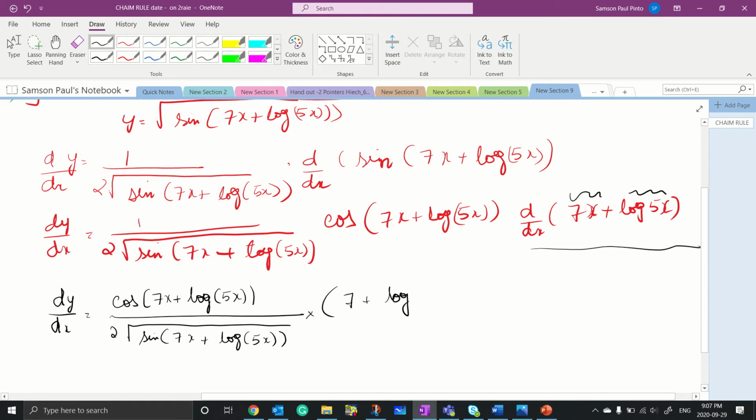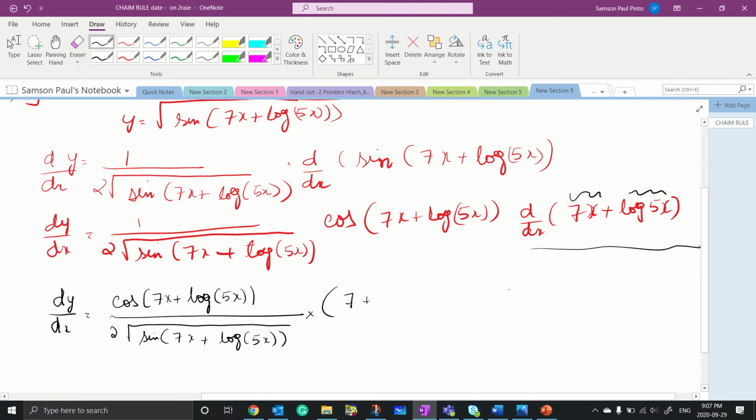Now this is a very crucial step. Should you write log 5x into differentiation of 5x, or should you write log 5x into differentiation of 5x? Should the bracket be here or should the bracket be here? What do you guys think? Okay, I will tell you.